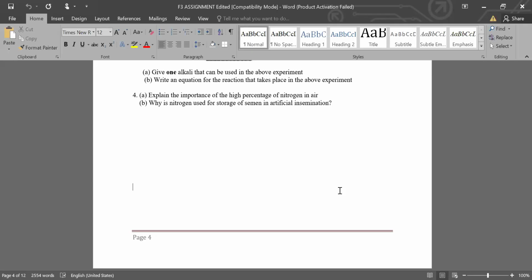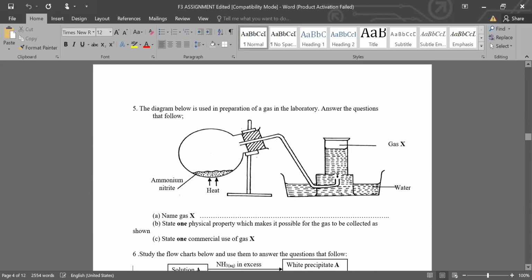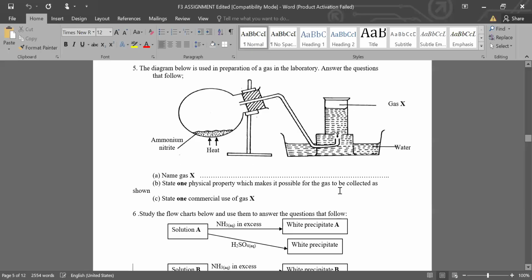We move to the next question. The next question is also a diagram. Ammonium nitrate is being heated and a gas X is being given out.